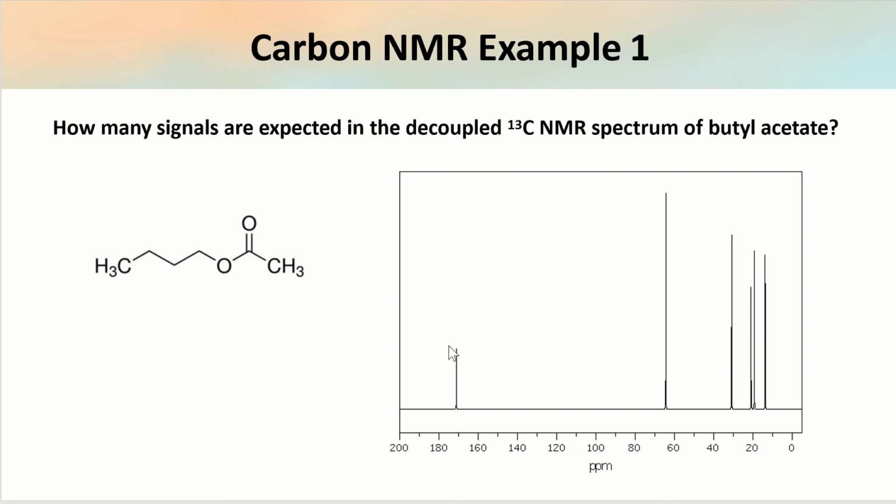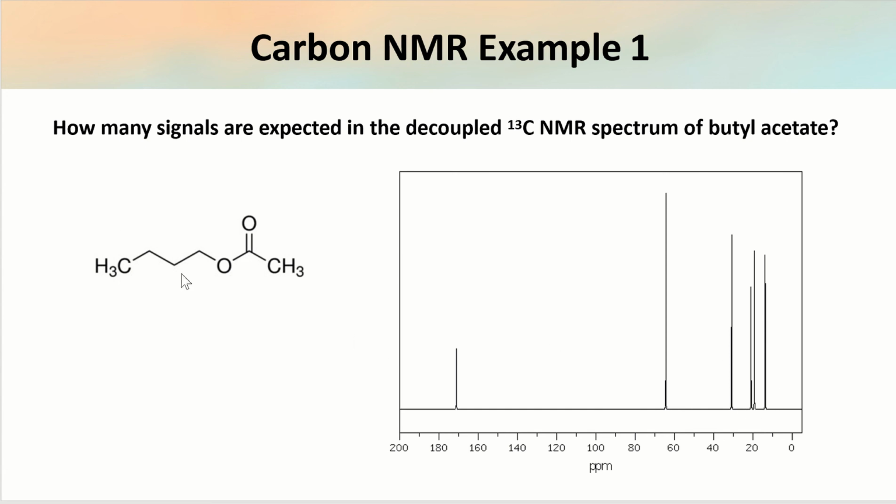There are a couple of signals that should jump out at us, like the ester carbonyl, and pretty soon you'll be able to know the relative numbers. Our ester carbonyl here is at around 170-ish, and our carbon that is bonded to the electronegative oxygen is in the 60 odd region.